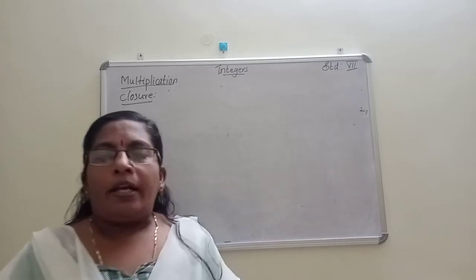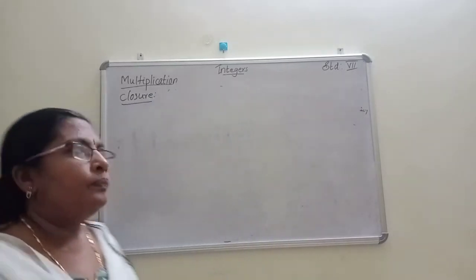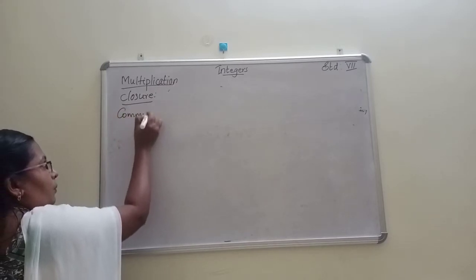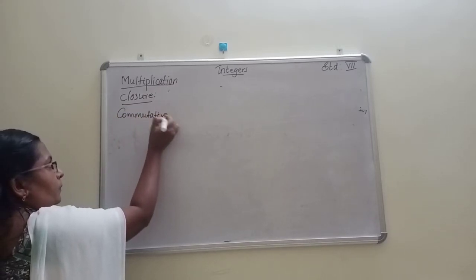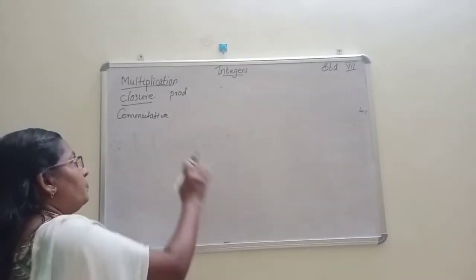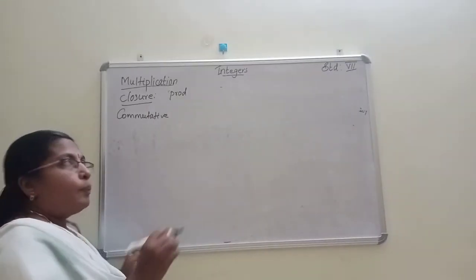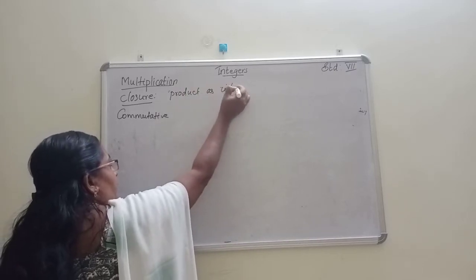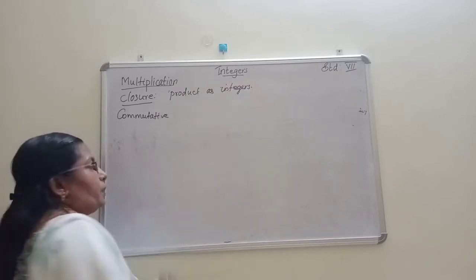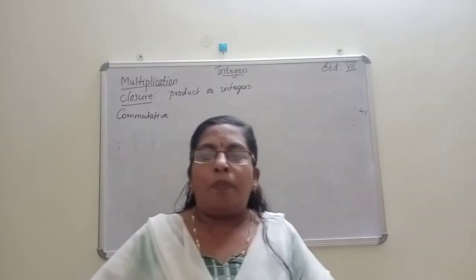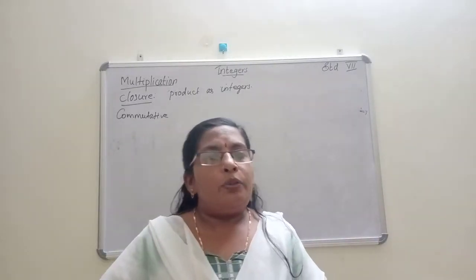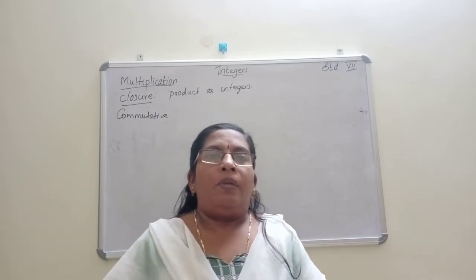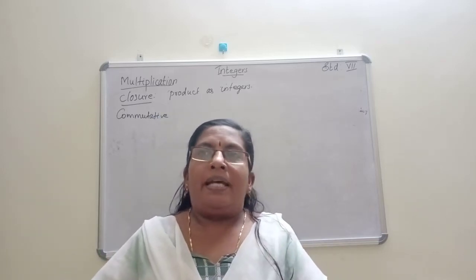Next is commutative property. Closure property gives the product as an integer. Commutative property: when we take any two integers and multiply in both ways, it gives the same answer.